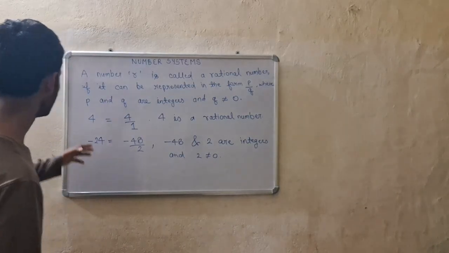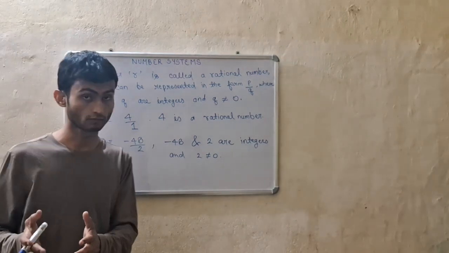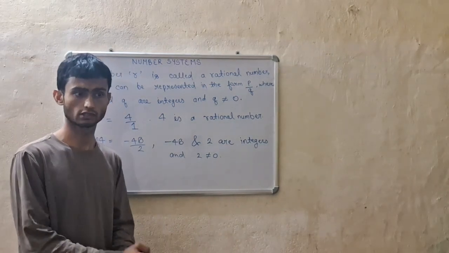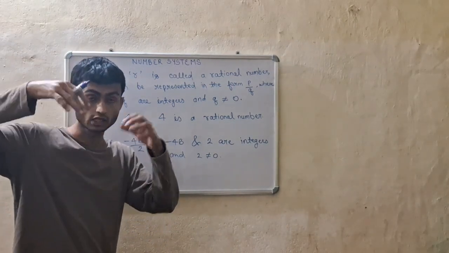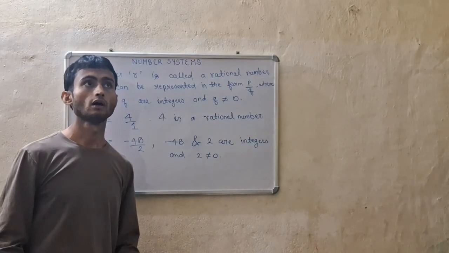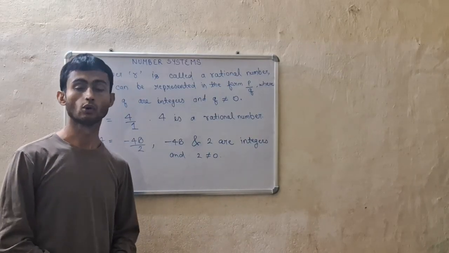So since natural numbers are integers, they are included in this collection of integers, and so are the whole numbers.